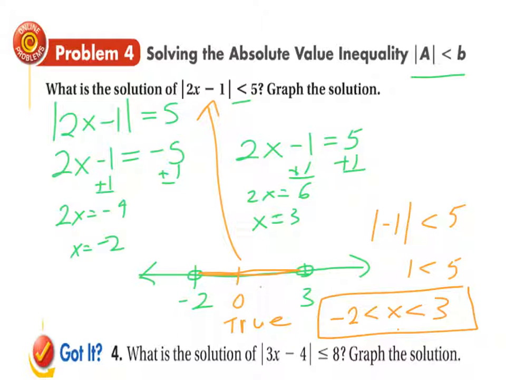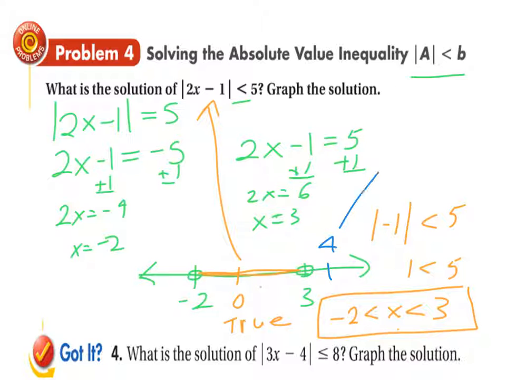If our test point had been false, then like I said, if the inside is false, then it has to be the outside that is true. Or reverse, if we had tested a point, say, like 4, that would be false.